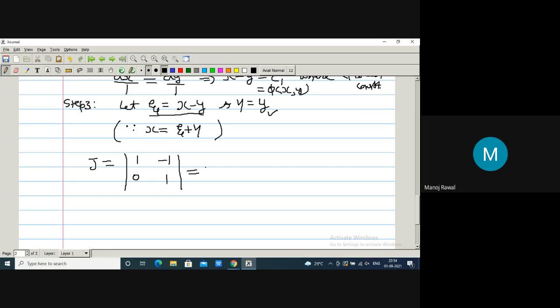This determinant is going to be 1, which is not equal to 0. So clearly xi and eta are linearly independent.